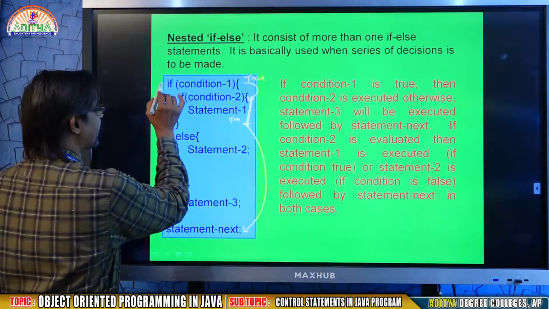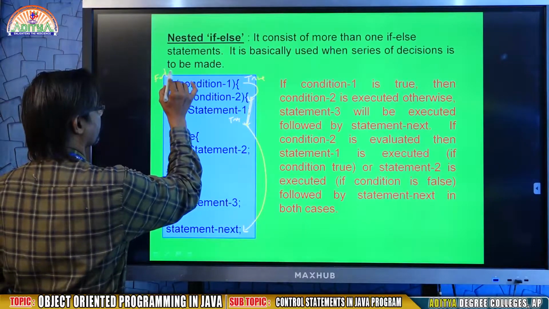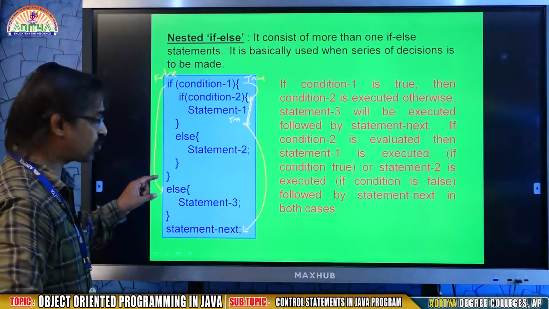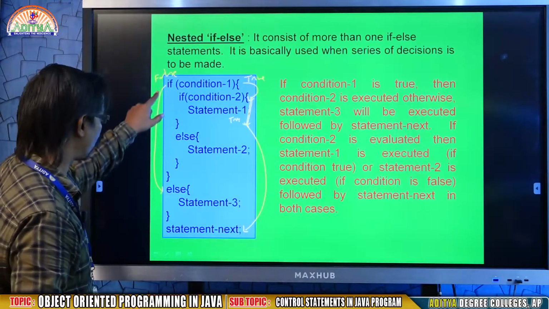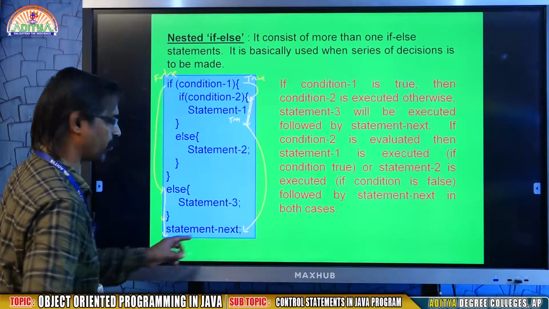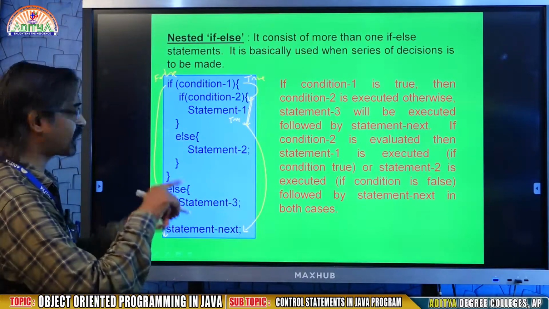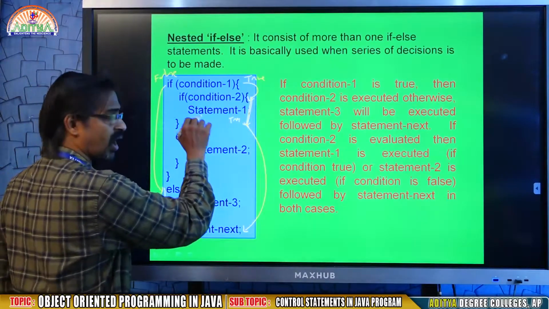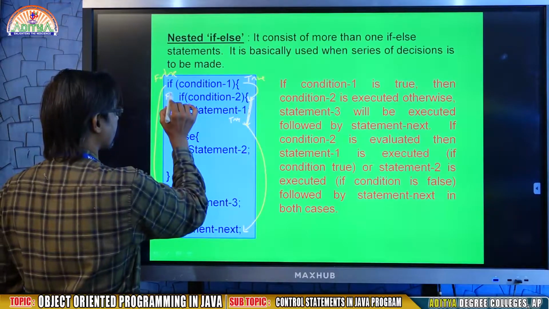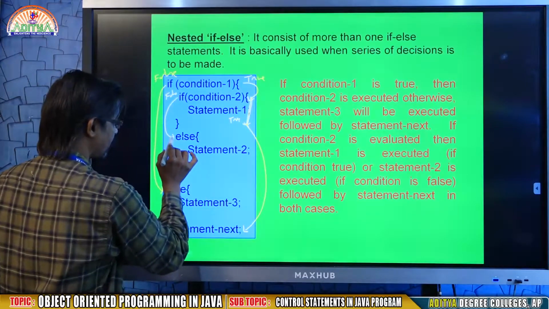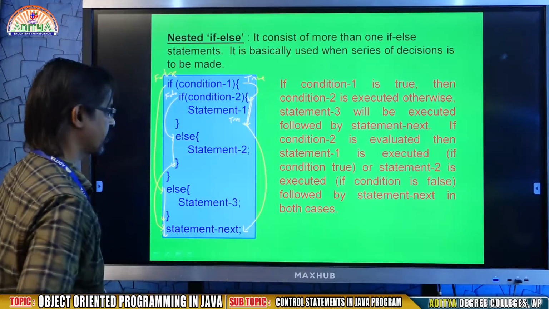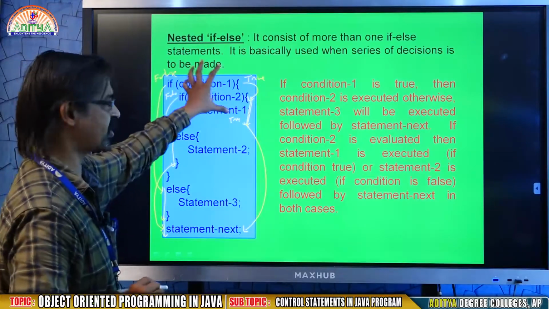In case condition 1 is false, it will go directly to the else, which else? The second else. Statement 3 is executed and then it goes down to statement next. In case condition 2 is false, it will go directly to statement 2 and then go down. This is what is called nested if.